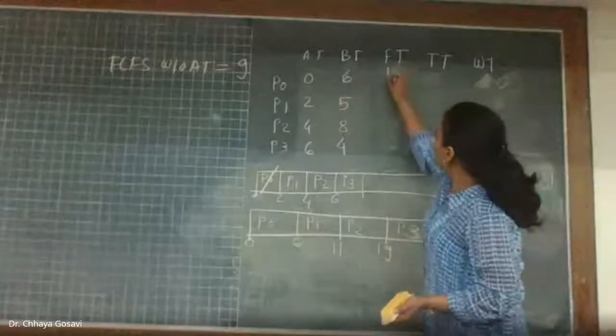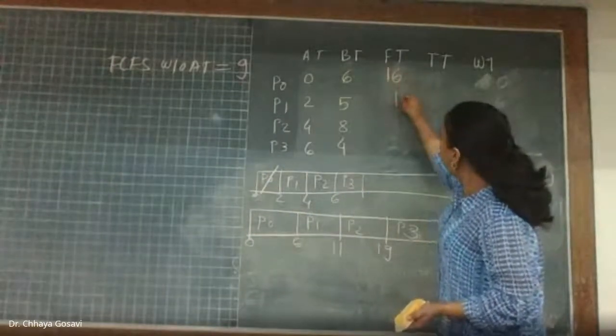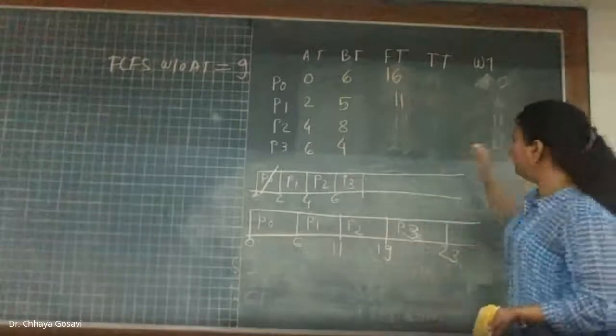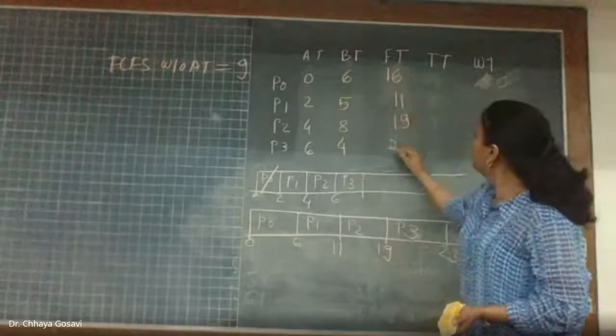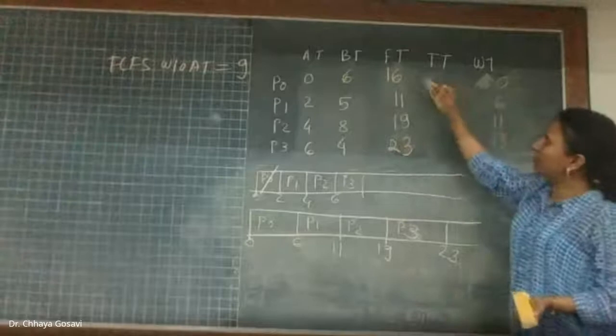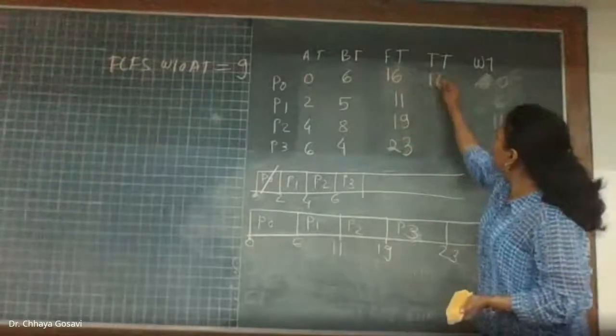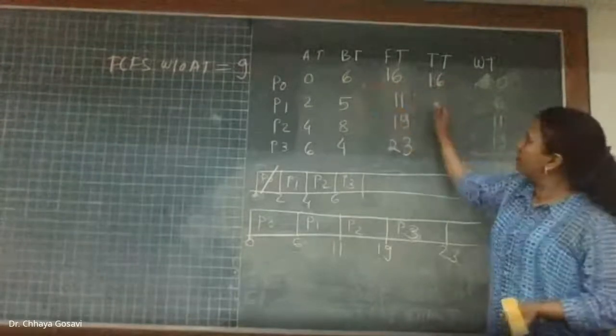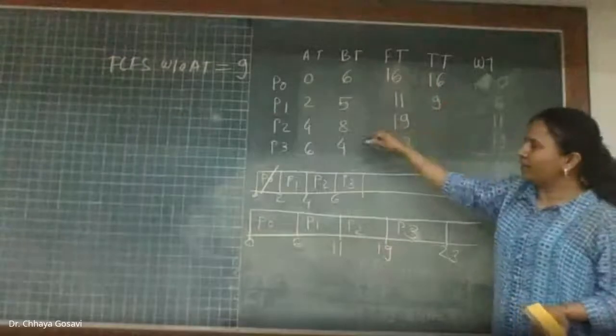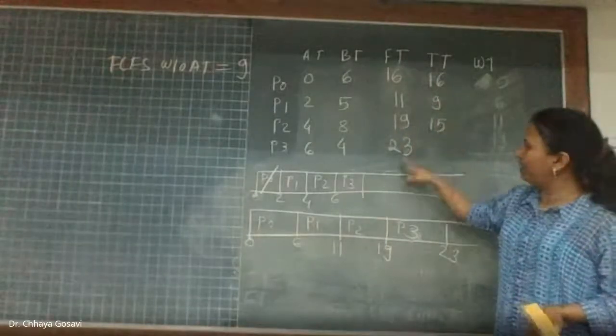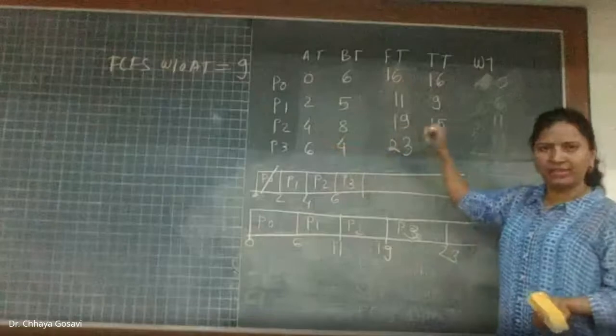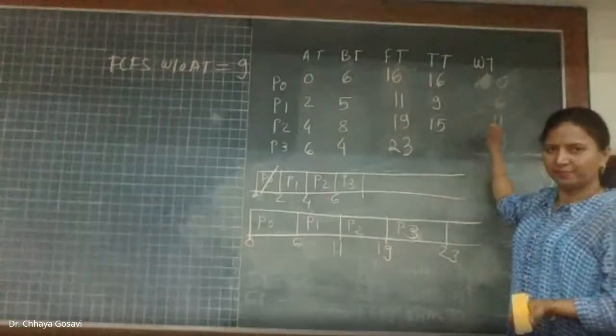But the calculations will change because turnaround time depends upon arrival time. So finish time is the same: 6, 11, 19 and 23. But turnaround time is now 6 minus 0, which is 6. 11 minus 2, which is 9. 19 minus 4, 15. And 23 minus 6, it is 17.